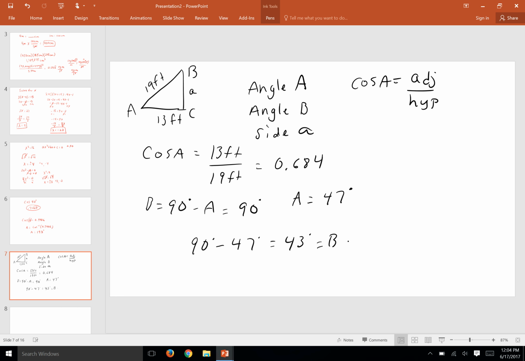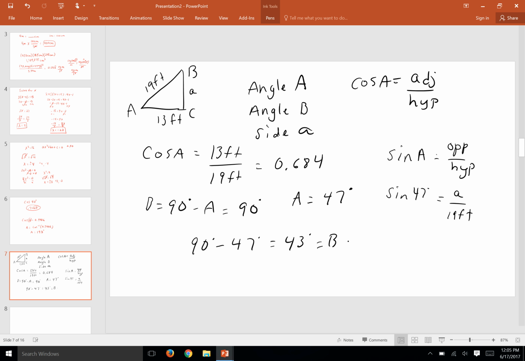Now to find our side a, you're going to say sine A equals our opposite over hypotenuse. So sine 47 degrees, because we know that, equals a, we don't know that, divided by 19 feet. We do know the hypotenuse. So you're going to have to solve for that. So here you're going to have to multiply both sides by 19 feet to get rid of this.